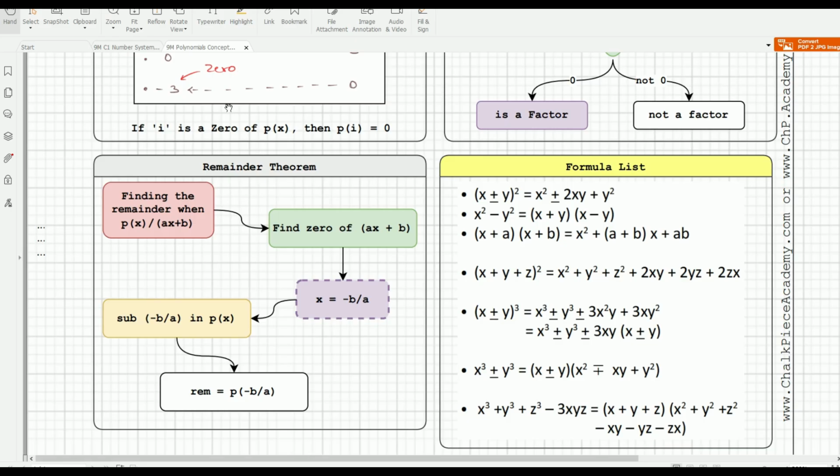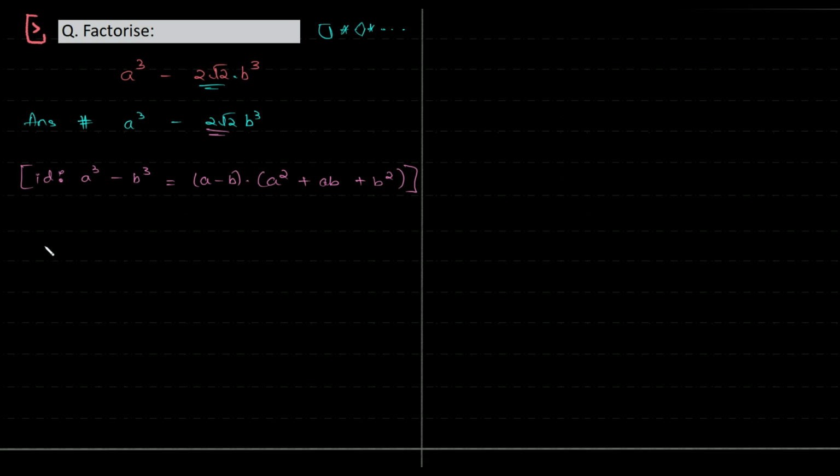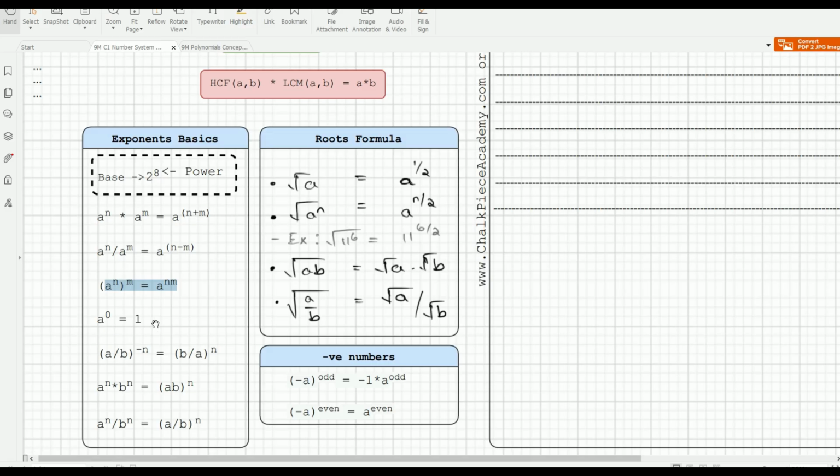So for this we need to go back to this list of things. Root of something is a to the power of half. Let's go with that. So let me just pick up your 2 root 2. See, b cube is very clear, that's not an issue. So 2 to the power of 1 into 2 to the power of half. Same base, right?